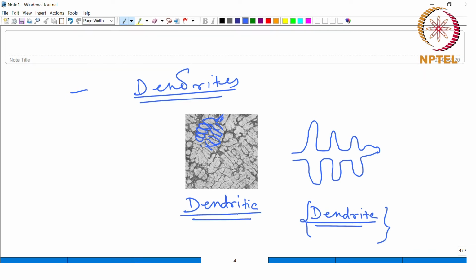First of all, you can see this central arm across which you have these branches grown, that is known as the primary arm of this dendrite, the main branch of this. And these branches which have come off from this primary arm are known as the secondary arms.